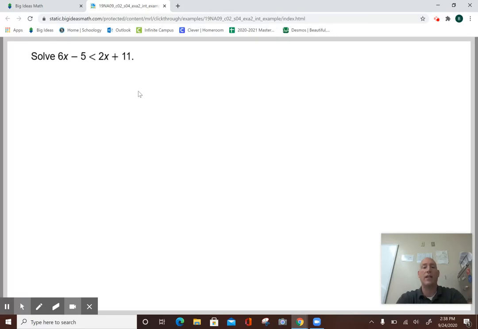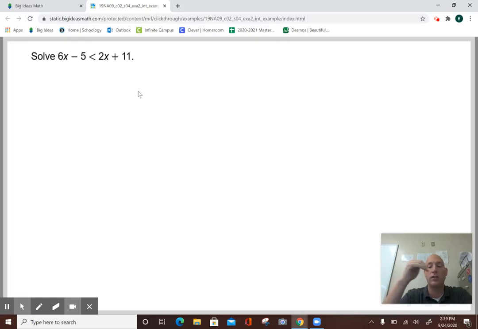So when you're working on these now, when you have variables on both sides, typical gives you your normal ray, your dot and the ray going in one direction. No solution means you'd have your empty set and you would end up with a false statement, like 4 is greater than 10.